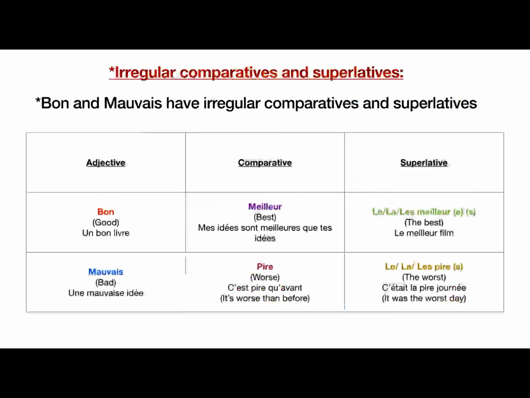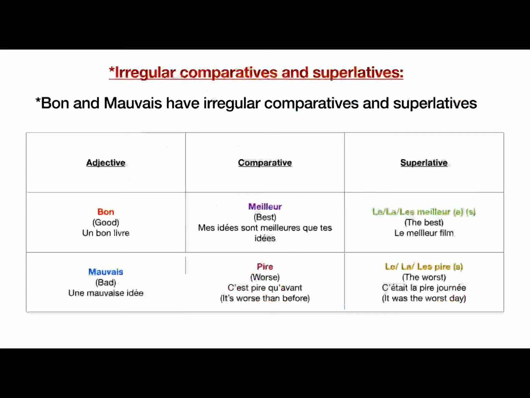Un bon livre, a good book. When we change that to the comparative, when we're comparing one thing to another, it changes to meilleur, which means best. Mes idées sont meilleures que tes idées. Now we would never say mes idées sont plus bonnes que tes idées. Okay, bon just changes to meilleur when you're comparing.